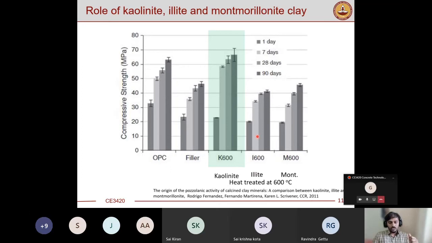Whereas when you look at the strength development from illite or montmorillonite clay, it's almost similar to the filler, which means these two clays, even when you heat treat them, are not going to be as reactive as a kaolinite clay. So this shows us that when you want to use a calcined clay, you should choose a kaolinite form of clay to be used in formulations such as limestone calcined clay cement.